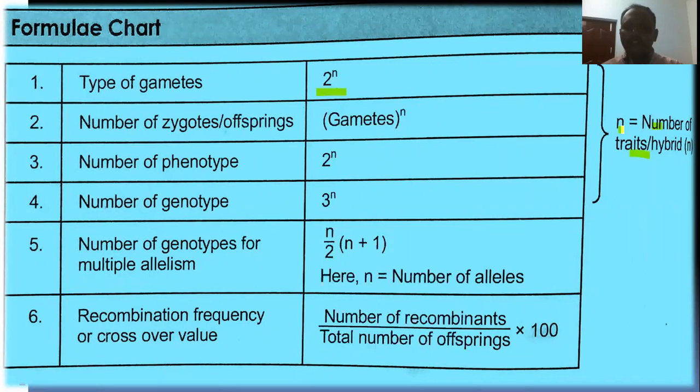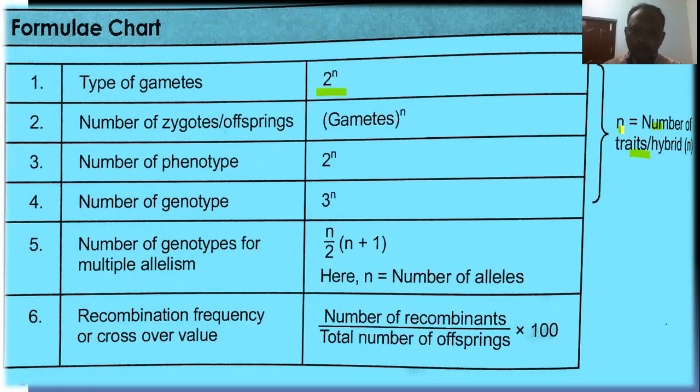Suppose we are using two traits: 2 power n, it produces 4 types of gametes, right? Like we studied in the monohybrid, in the F1 generation it's capital T small t. It produces 2 types of gametes: one with capital T, another with small t. But to take the example of a dihybrid cross, how many character traits are involved? 2 characters, so 2 power n.